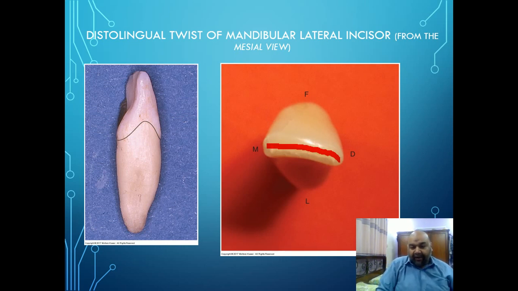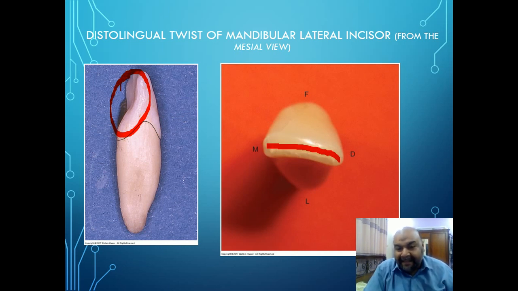Because of this distolingual twist, you can actually view the lingual surface as well as some portion of the distal aspect from the mesial view. Okay, but you cannot view the same surfaces from the distal aspect. From the distal aspect, you will only be able to see the distal view, but not the mesial view.